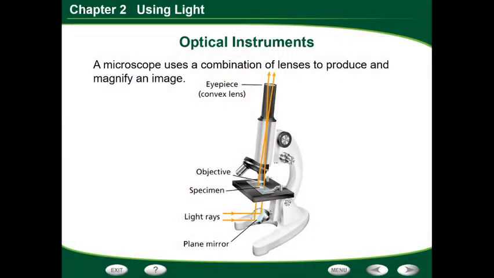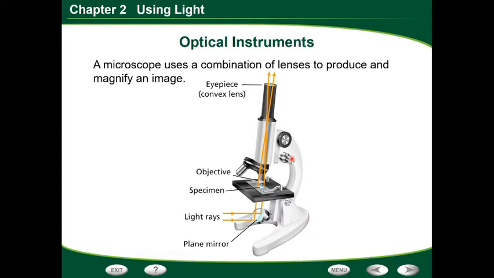Okay. So now we are going to go into the microscope. A microscope is similar to the reflecting telescope. First, this type of microscope is the light microscope. This is the one that is used typically in most classrooms.